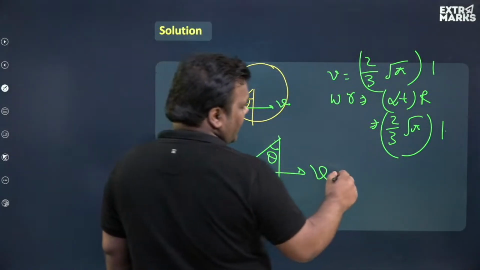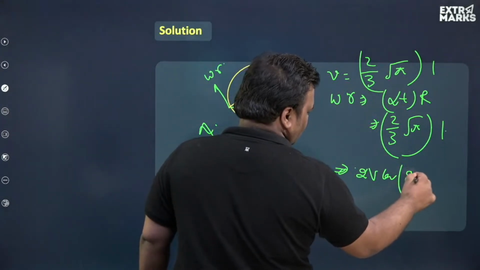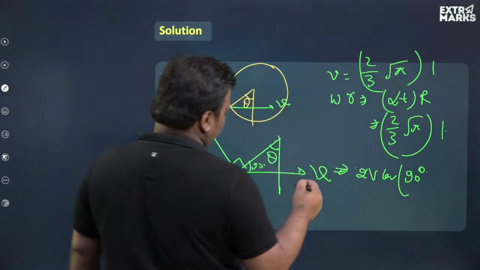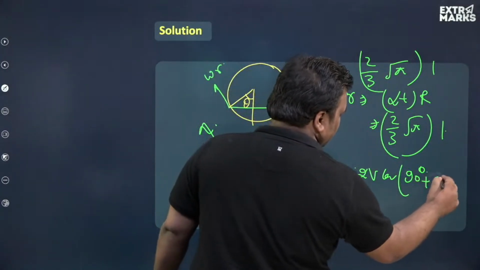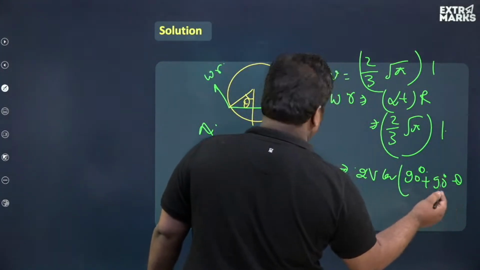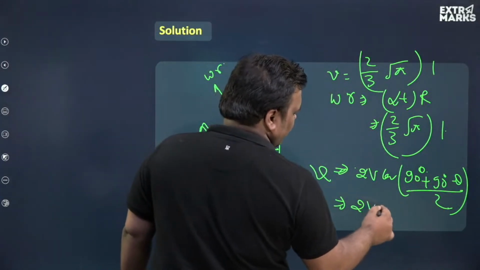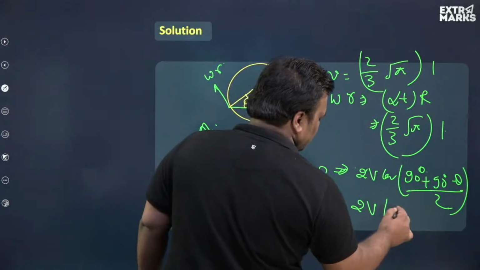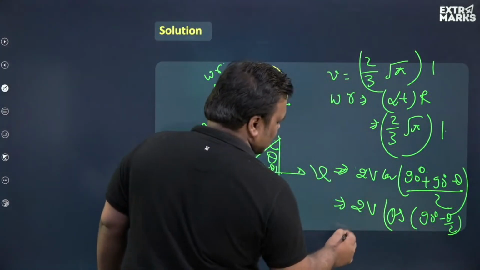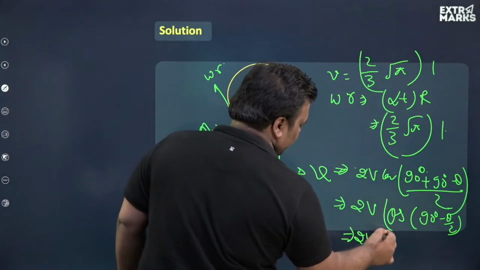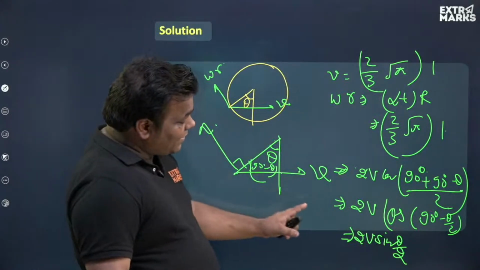What is the resultant? 2v cos of (90 plus 90 minus theta) divided by 2. That means 2v cos of (90 degrees minus theta by 2), which means 2v sin theta by 2.